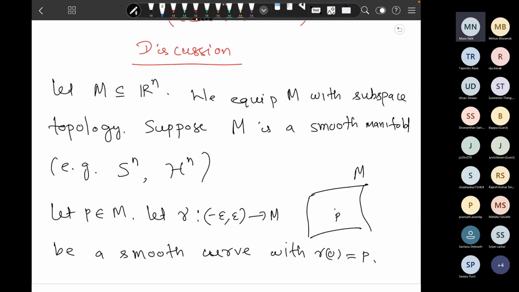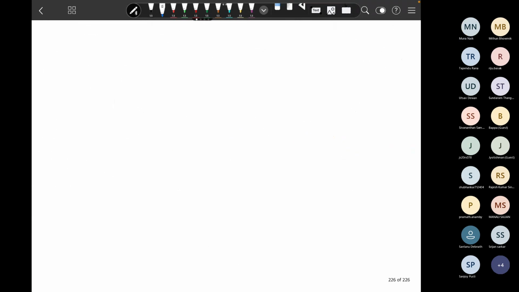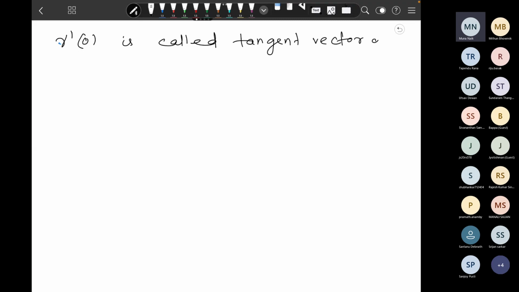Now, all of you know that this gamma prime(0) is called the tangent vector of gamma at p. So this is our definition.